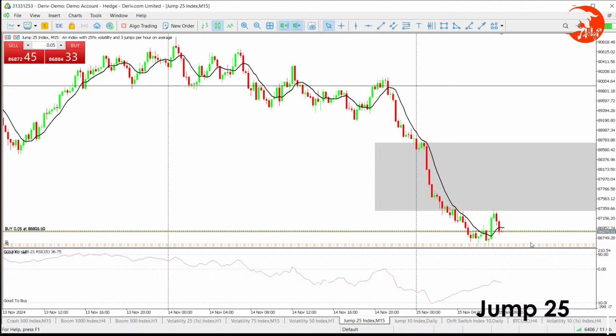I'll put my stop loss just below there and wait for whatever price does. I'll be looking for my profits around that area. Once it reaches that area, then I can take my profits and now look for sales to continue.